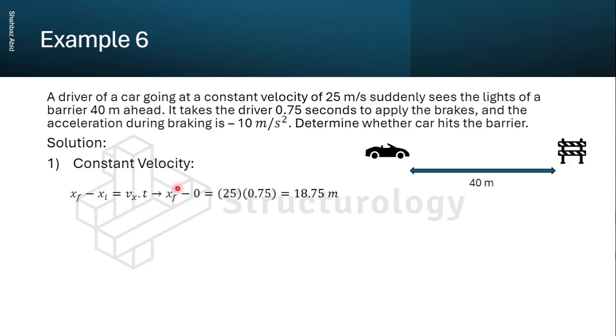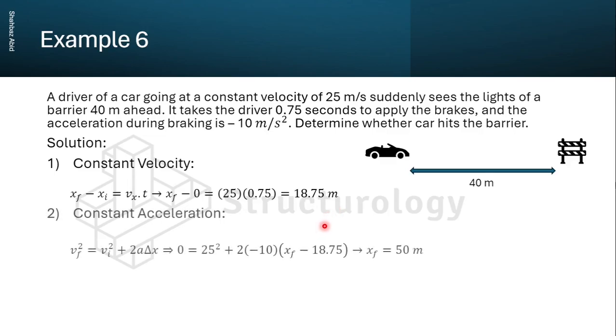So the final position is unknown, initial position is considered as 0 because we are going to measure the position when the car was at this distance of 40 meters from the barrier, is equal to velocity is 25 and the time of the constant velocity phase was 0.75 seconds. So the total displacement for constant velocity is equal to 18.75 meters.